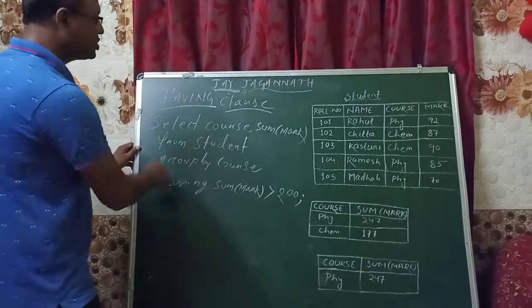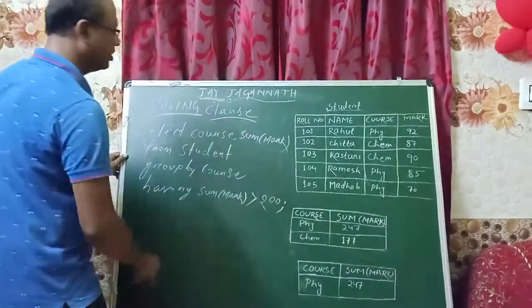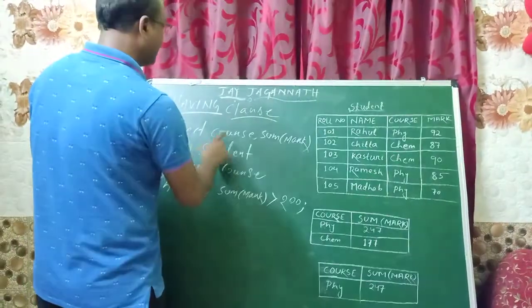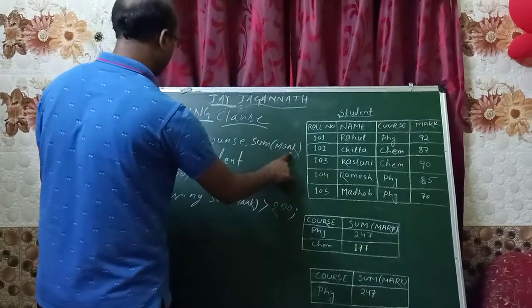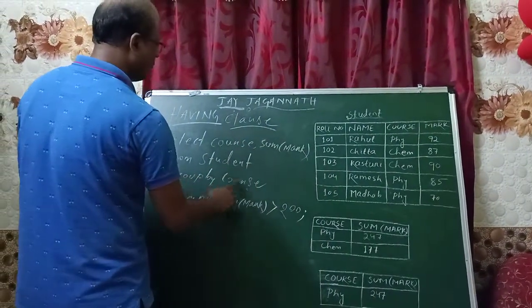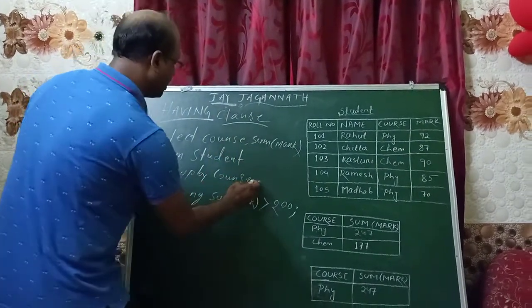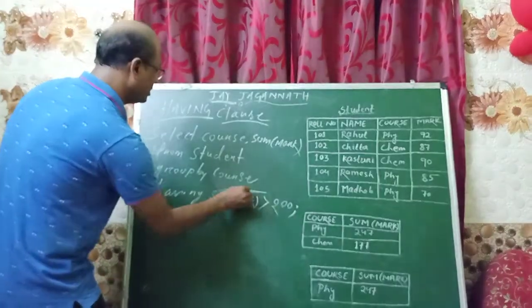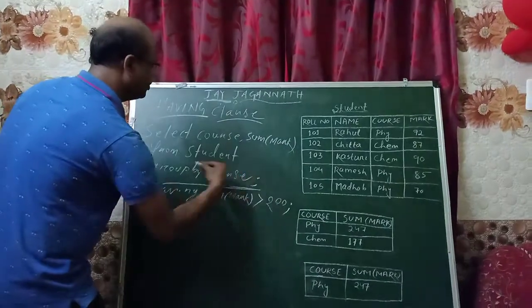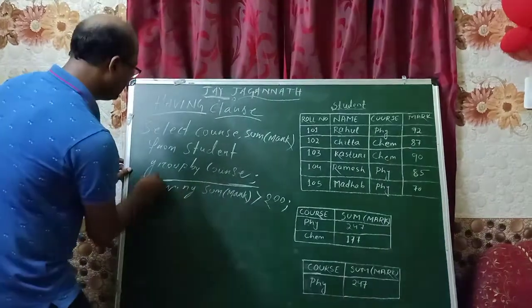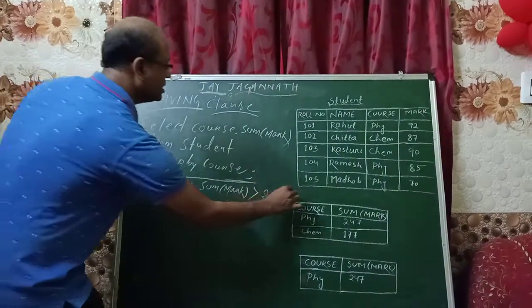The result of this query is like this. Look at this: select course, sum mark from student group by course. Up to this point, before the semicolon, the result is here.